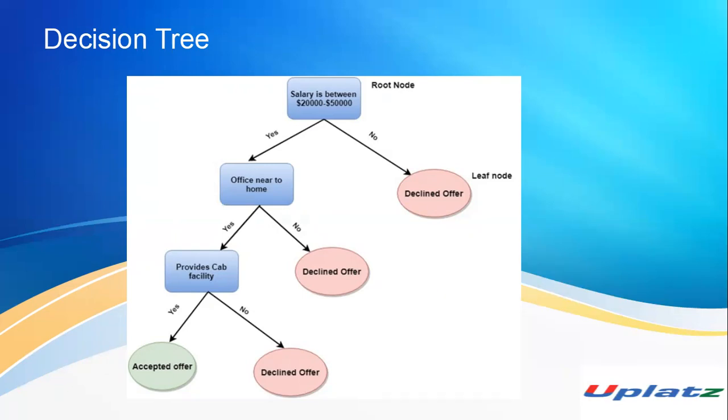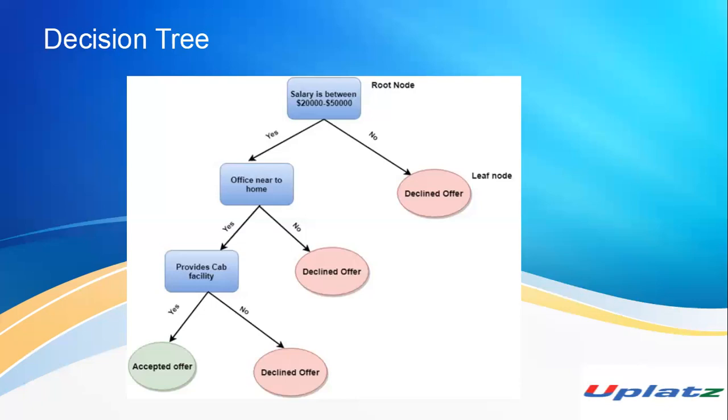I repeat, in the decision tree algorithm, each node represents a feature, each branch represents a decision, and each leaf represents the outcome. You can see the leaves in this diagram are declined offer or accepted offer.